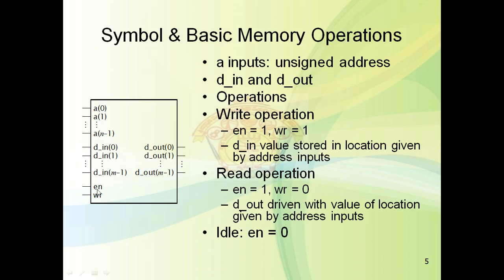For a write operation, we have to make the write pin equal to 1, and for a read operation, we make this pin equal to 0. Therefore, the enable pin and write pin are the input pins.